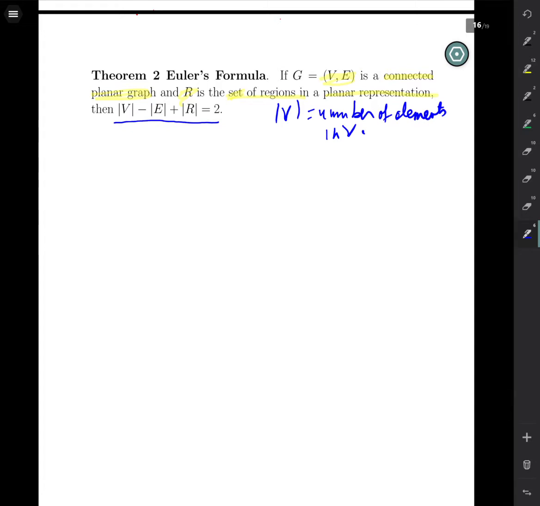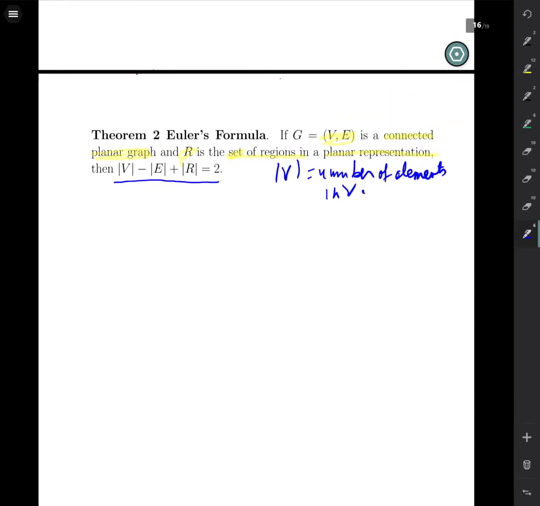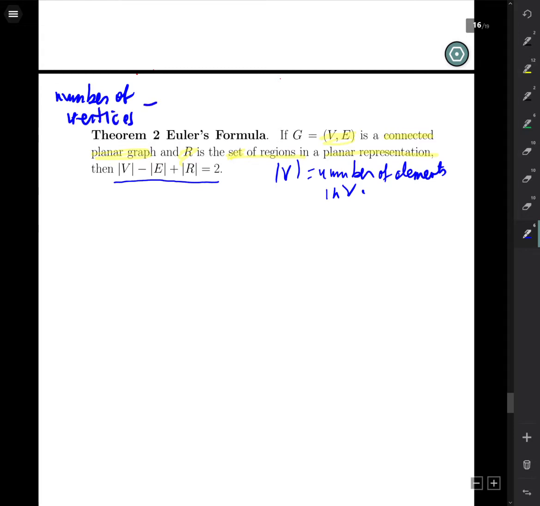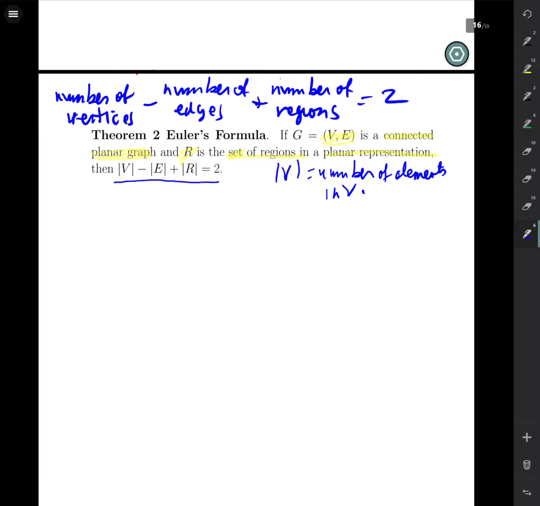So one way you could write this out in words would be to say the number of vertices, by the way, those are the zero-dimensional objects, minus the number of edges, the one-dimensional objects, plus the number of regions, the two-dimensional objects, is equal to 2, right? So that's an equivalent version in words.